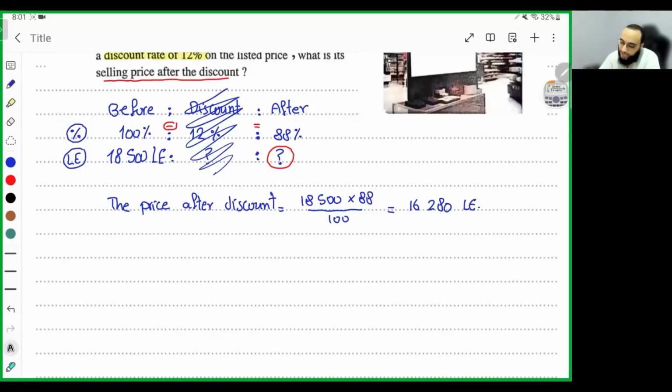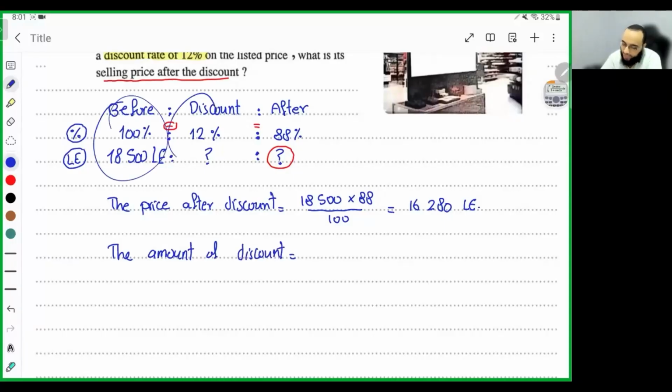Another way is another cross multiplication between these two parts: 18,500 times 12 over 100. So the amount of discount equals cross multiplication between these two parts.